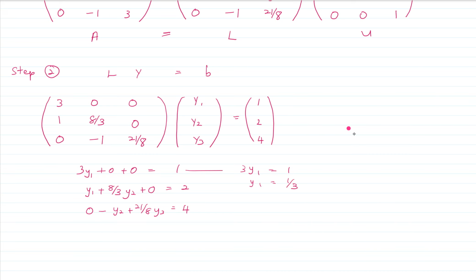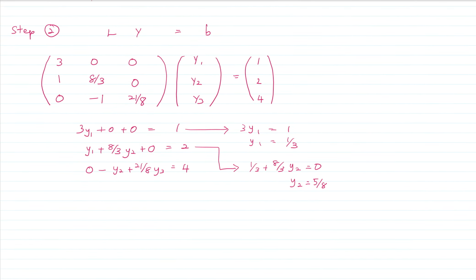Then from equation 2, we get Y1 is 1 over 3 plus 8 over 3 Y2 equals 2. Solve it and you will get Y2 equals 5 over 8.